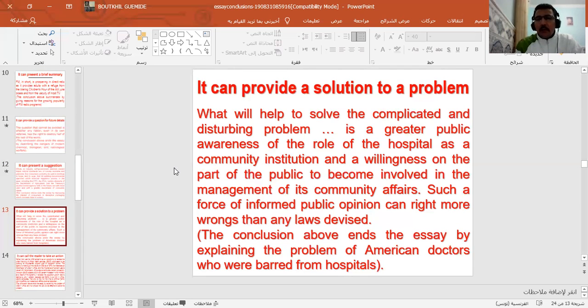So here the essay explained the problem of US doctors being barred from hospitals. So the solution to the problem, according to the writer of the essay, is public awareness. All right.